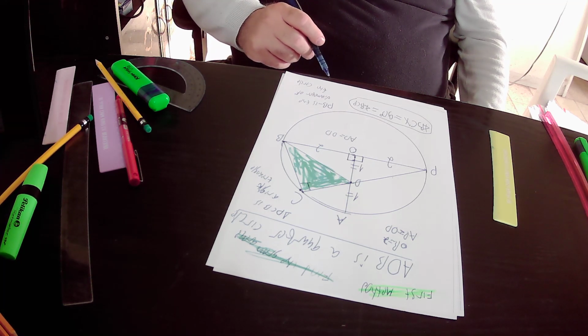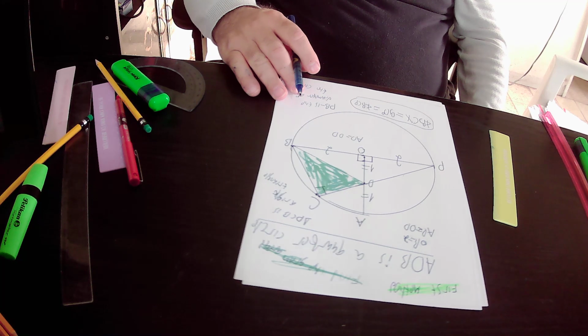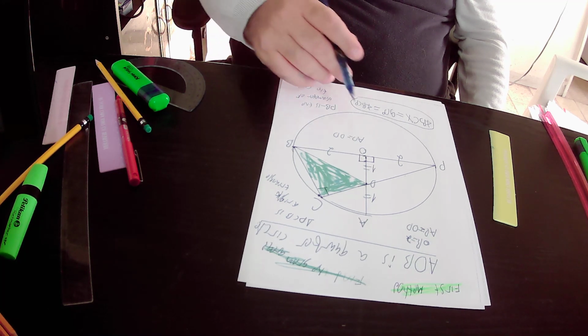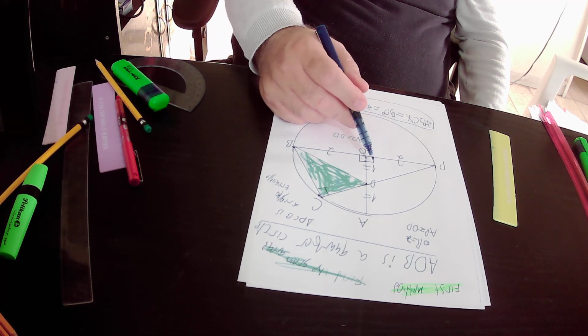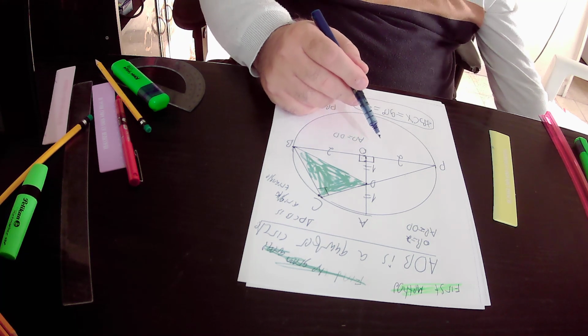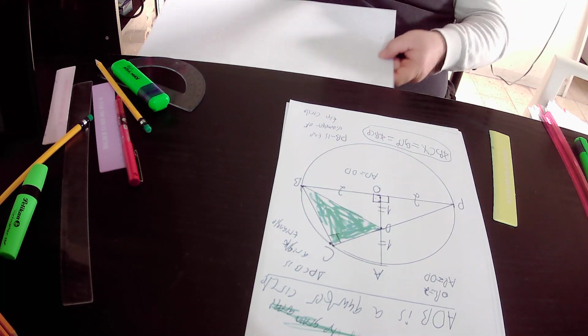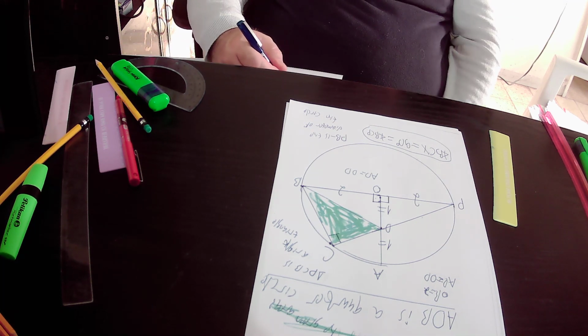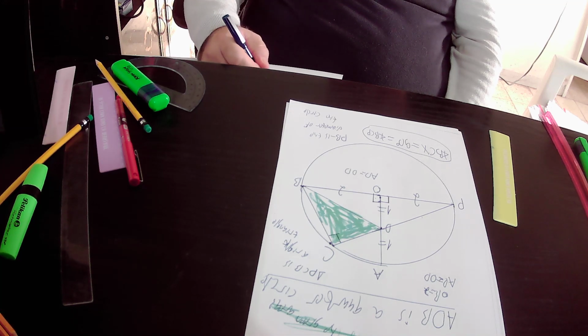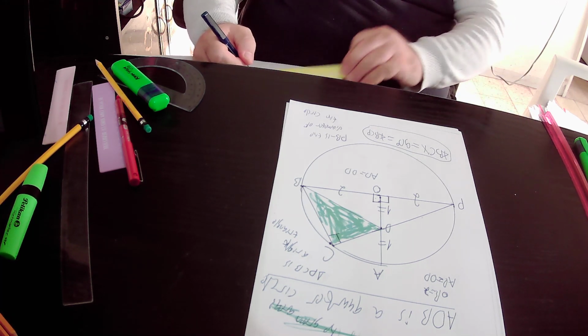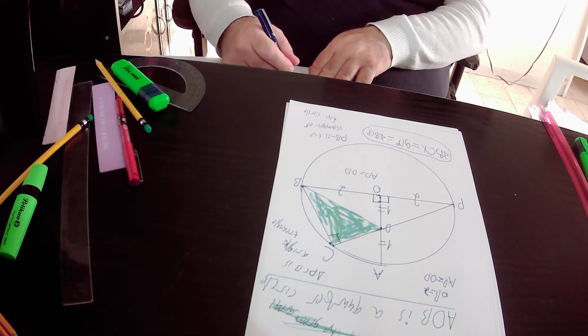So here we have a right triangle PDO. In the right triangle PDO, we will implement the Pythagoras theorem. PT is the abbreviation for Pythagoras theorem. The square of the hypotenuse equals the sum of the squares of the perpendicular sides.